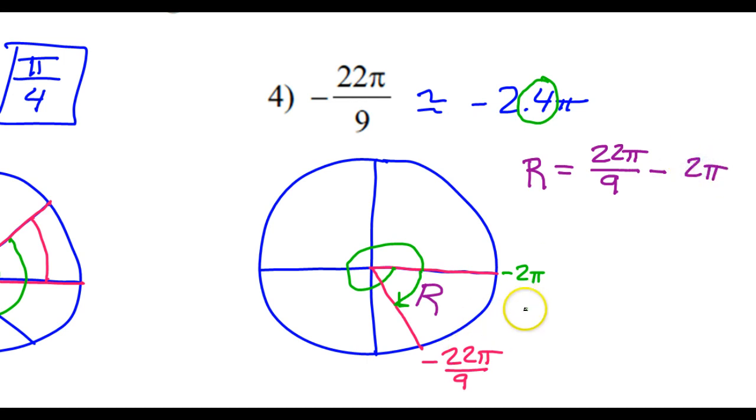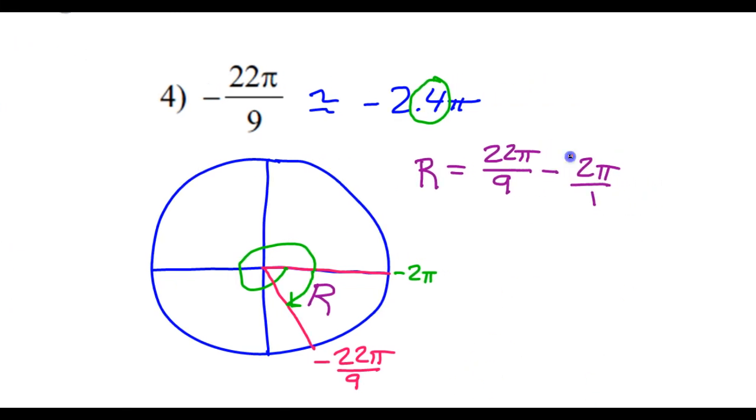The reference angle should be 22 pi over 9 minus 2 pi. I'm just subtracting these two. The reference angle is always going to be positive. It's just like a size. So I can just deal with the positive versions here. And of course I'm going to need like denominators to make this happen. So let's do this as 18 over 9.